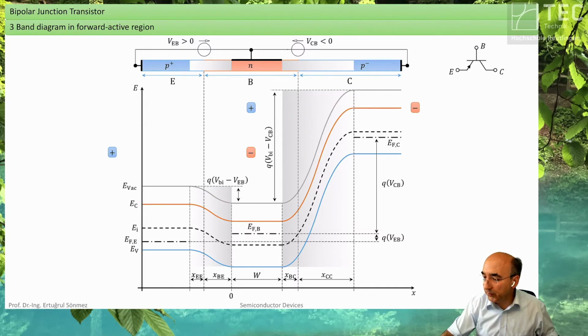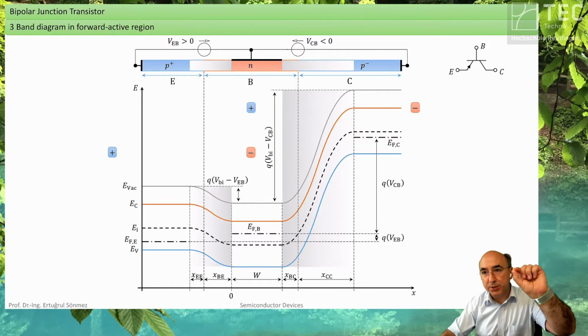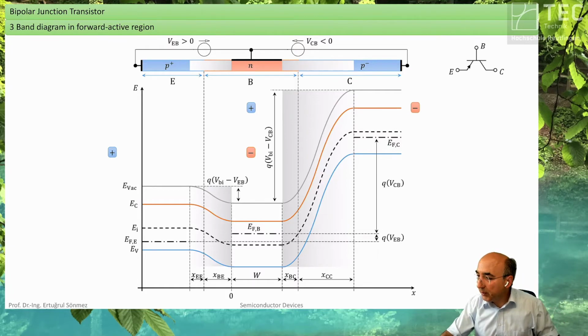And at this boundary, your concentration is zero because of the reverse biased diode. So all holes which are coming here by diffusion are going through this space charge and are collected by the collector. Okay, now why are these holes coming here reaching this boundary?